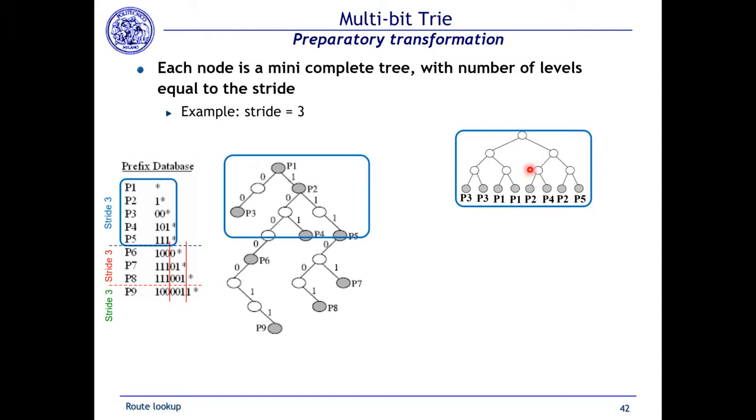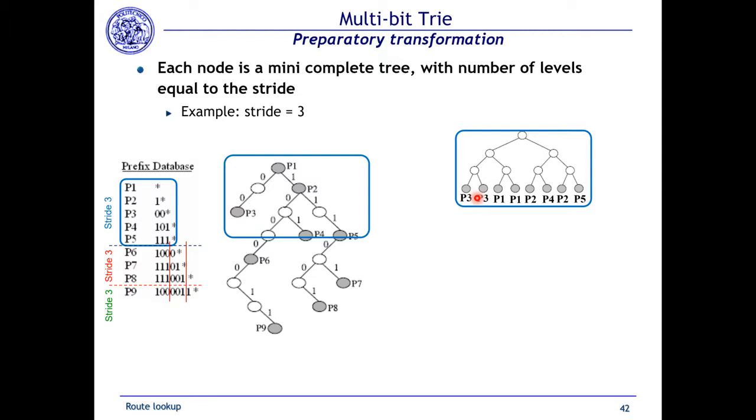Then we go up one level and find P3, which must be pushed down, so the 2 copies of P3 stay in the first 2 nodes.